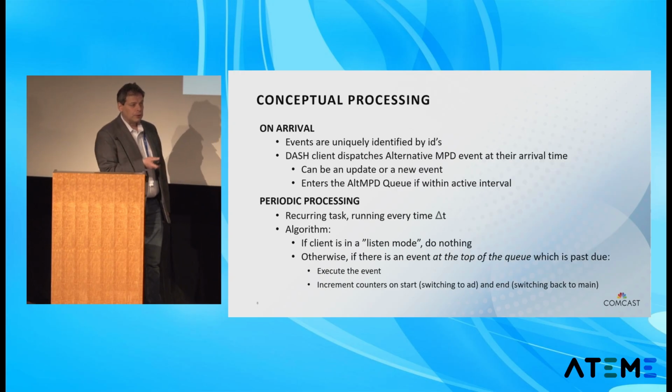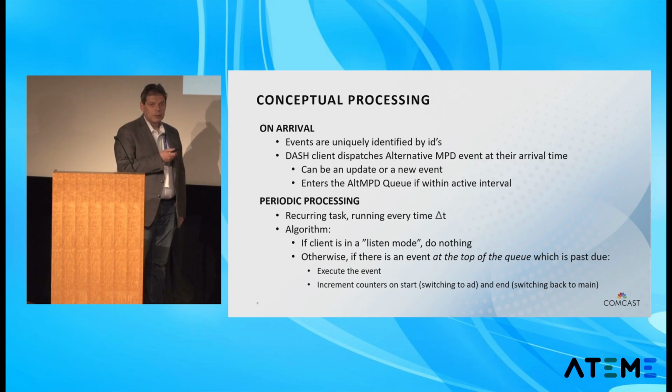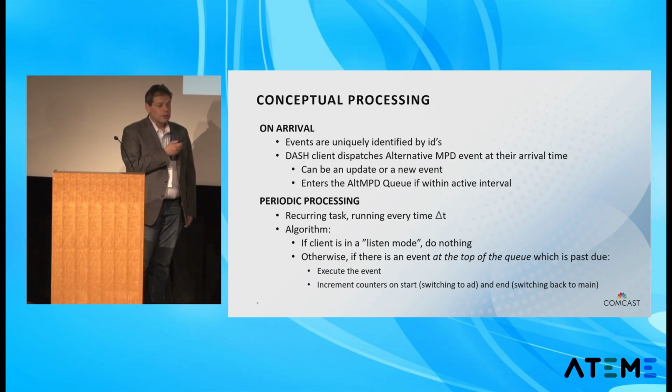And the simplified version of processing, we have two parts. What happens when the event gets dispatched and we as an application read it? So we know that events are unique, globally unique within their scheme, identified by ID. We see, have we seen this event or not? Is it an update for an existing event?